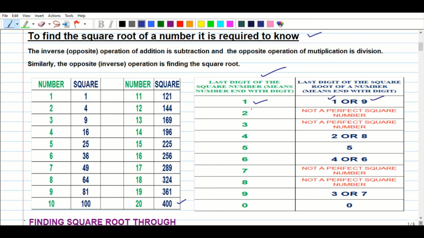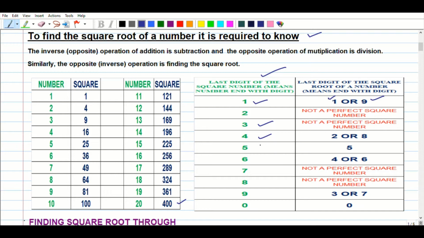If 2 is at the unit place, it is not a perfect square. If 3 is in the unit place, not a perfect square. If 4 is in the unit place, the root will end in 2 or 8.